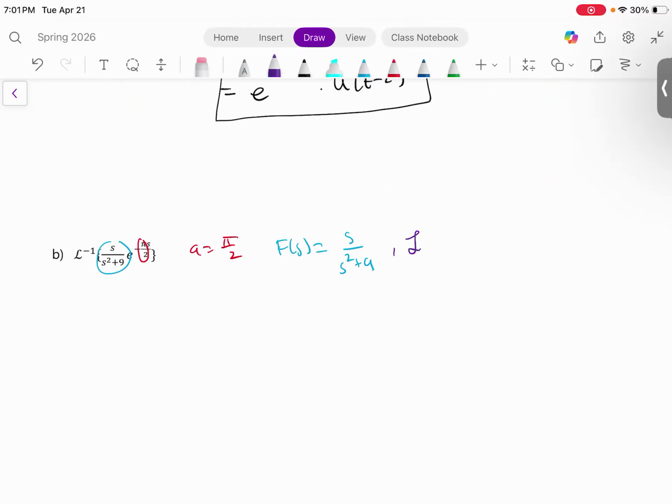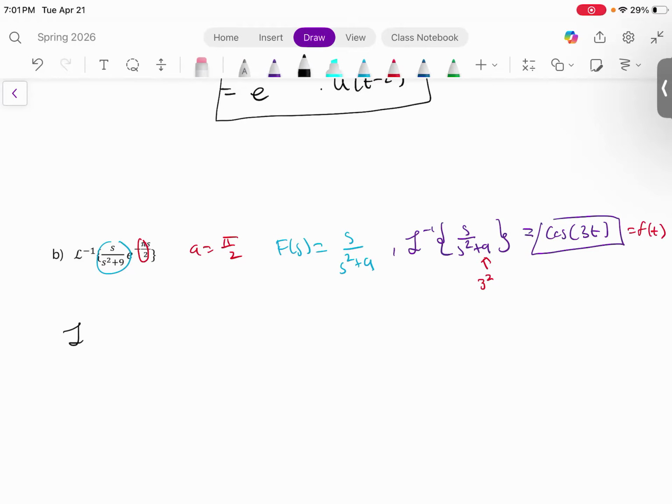The inverse Laplace of s over s squared plus 9 is going to be cosine, because 9 is just 3 squared. So this would be cosine of 3t, and this is my f of t.